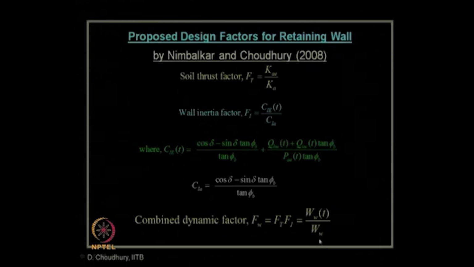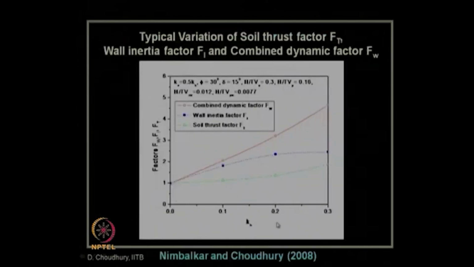In the static case we know how to design it with a factor of safety of 1.5. The same approach we will use, and the proposed design chart of this combined dynamic factor FW is to be used for a seismic zone where the KH value, or input seismic acceleration for the design, will be known to us. Correspondingly, you will get the value of FW.